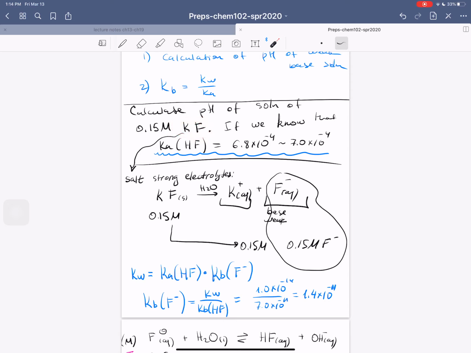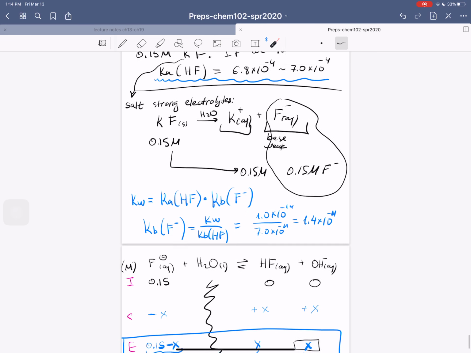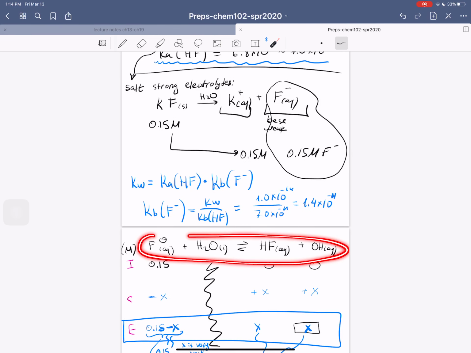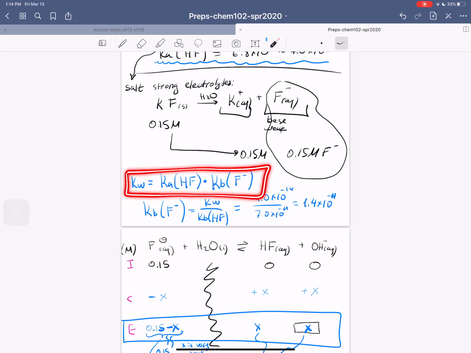Because in reality, the fluoride is reacting, which is the conjugate base of hydrofluoric acid, and we calculated the value of the equilibrium constant of the reaction of the fluoride with the water, which is called the base dissociation constant, using the expression which relates the values of the Ka and Kb of the conjugate acid-base pair.